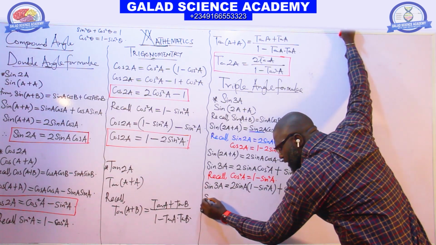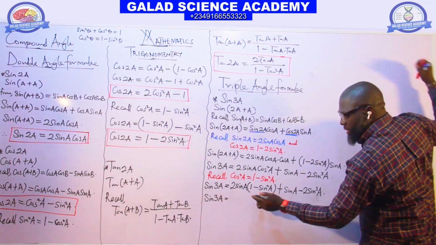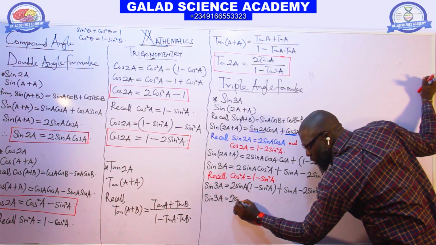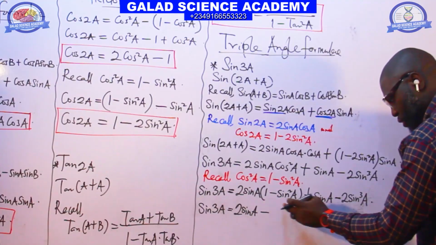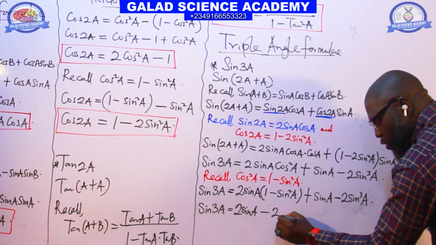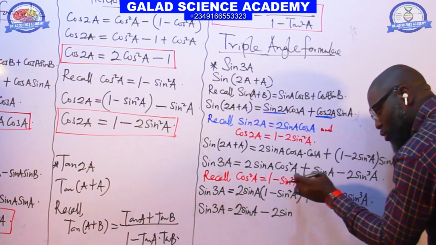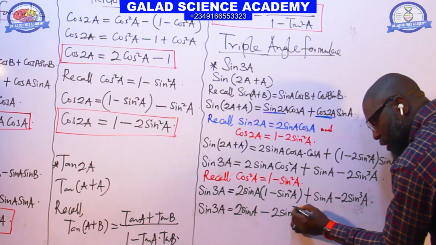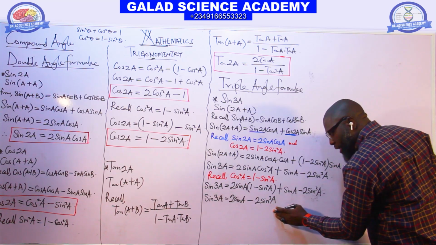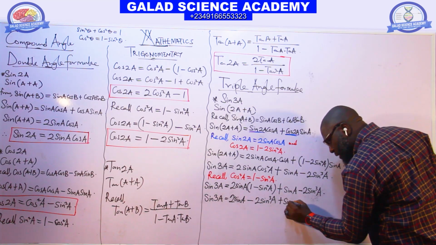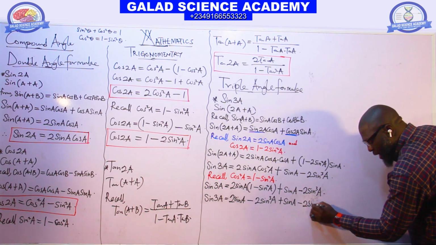We have sine of 3A. Expand this. We have 2 sine A minus 2 times this, 2 sine A times minus sine square A. Sine times sine square gives us sine cube A.